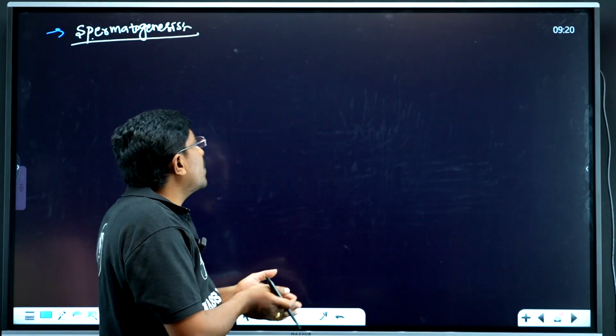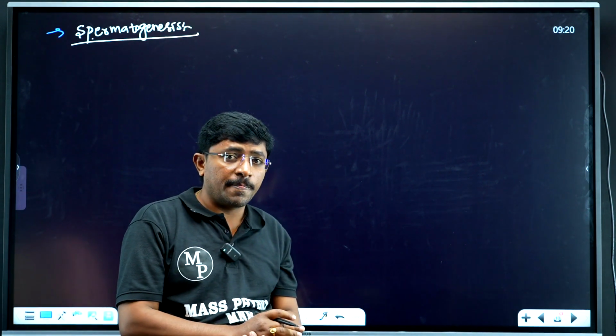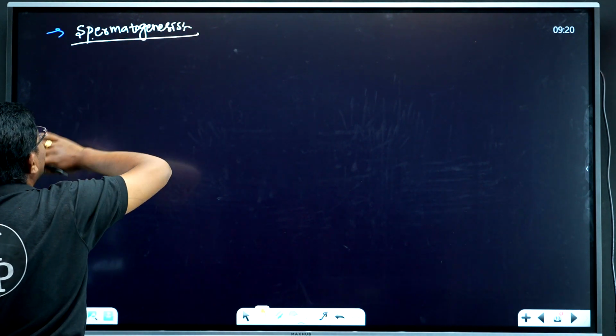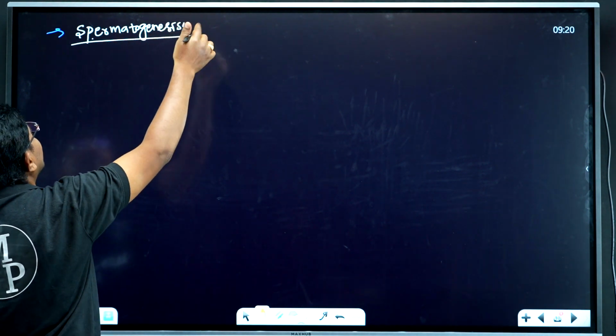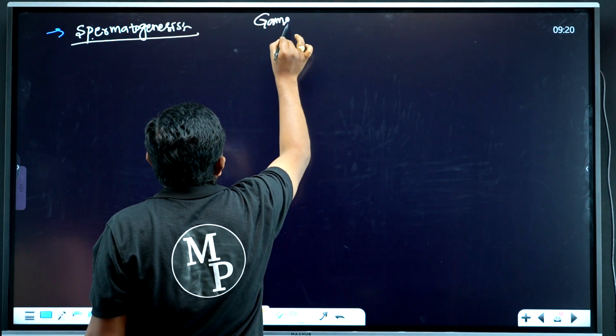The entire spermatogenesis process is completed within the seminiferous tubules. The spermatogenesis process is a kind of gametogenesis.